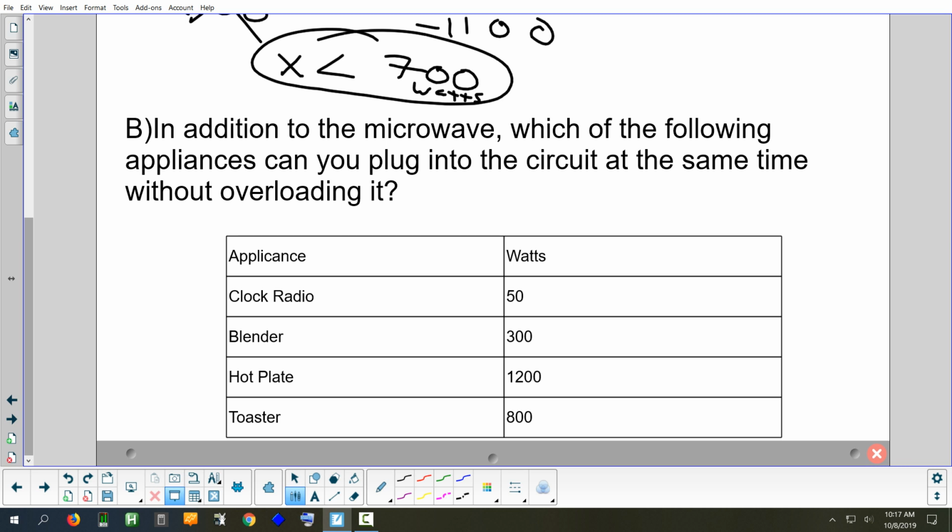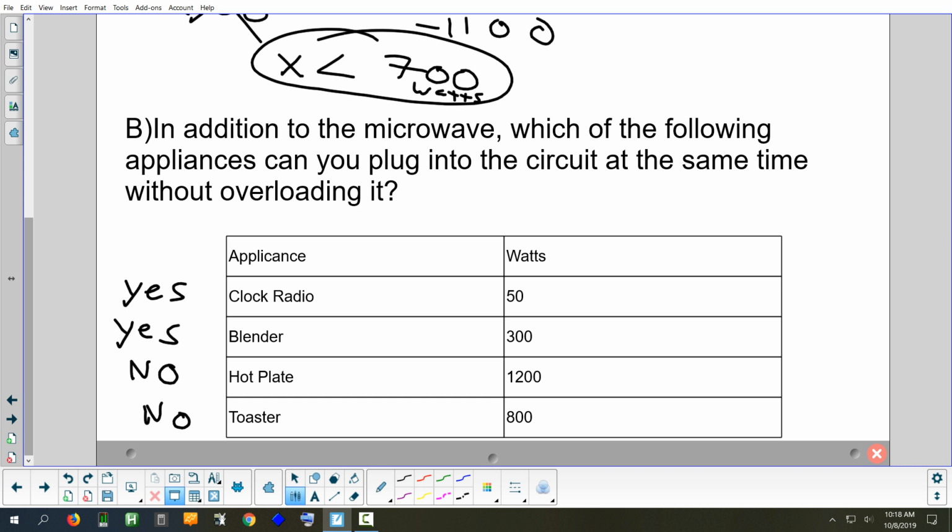So could we run the clock radio with the microwave at the same time? Yes. Could we run the blender with the microwave? Yes. Could we run the hot plate? No. Could we run the toaster? No.